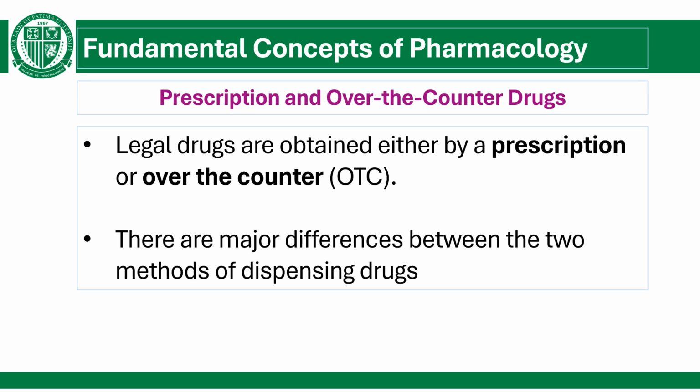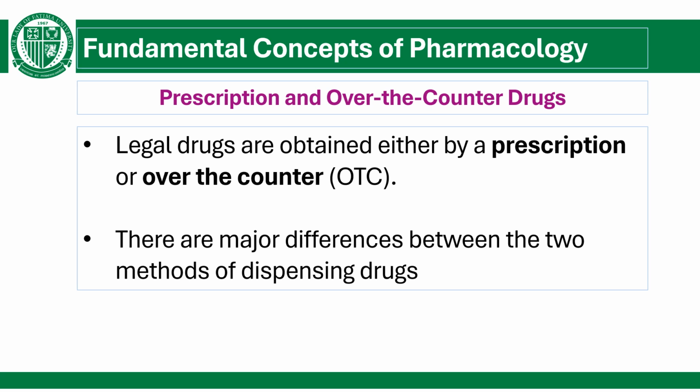Now, there are two types overall of medications or drugs. They could be considered as either prescription or over-the-counter drugs. These two, the prescription and over-the-counter drugs, are legal drugs in nature.